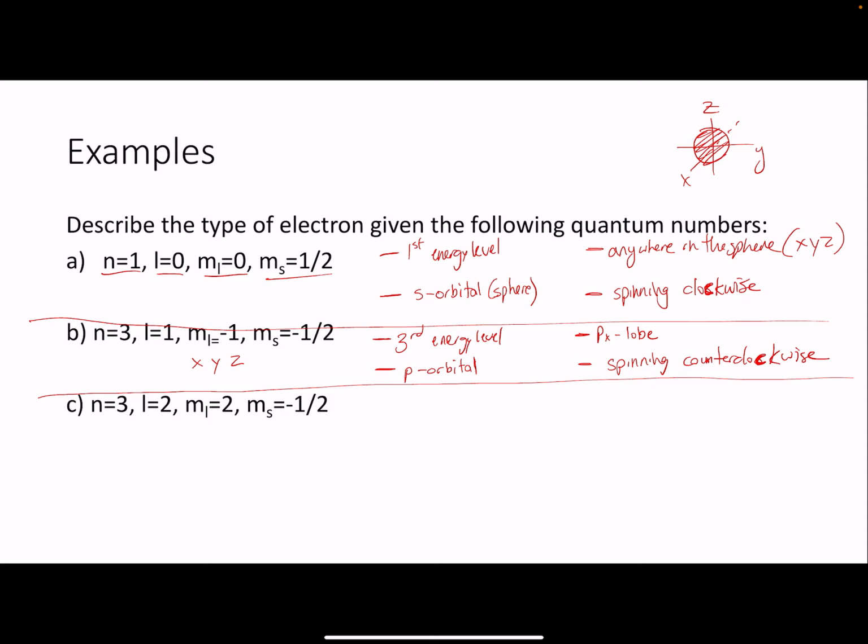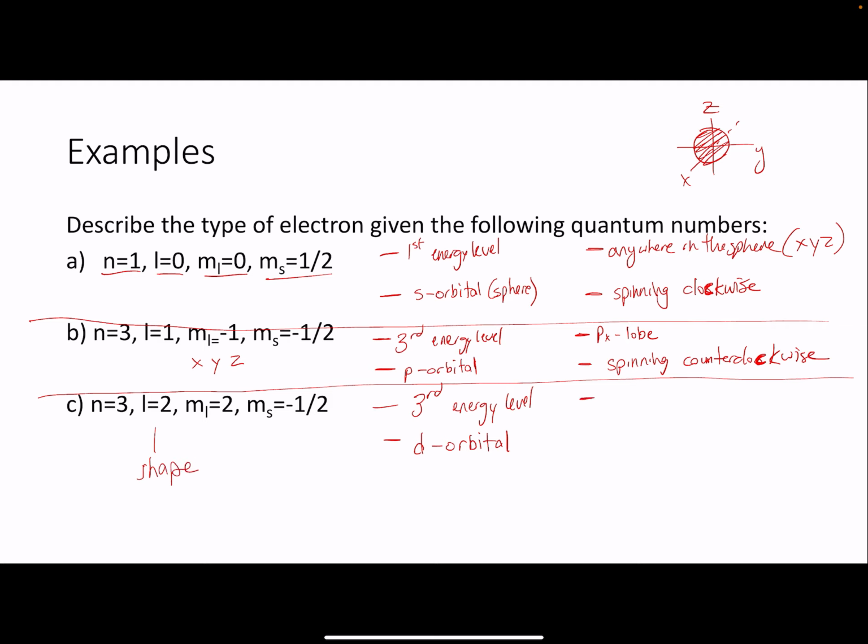So let's look at the last one. You can pause and try this yourself if you'd like. The first value tells us the third energy level. The second value being 2 tells us that it is in the d orbital. Again, that tells you the shape, and that was on one of our earlier slides.